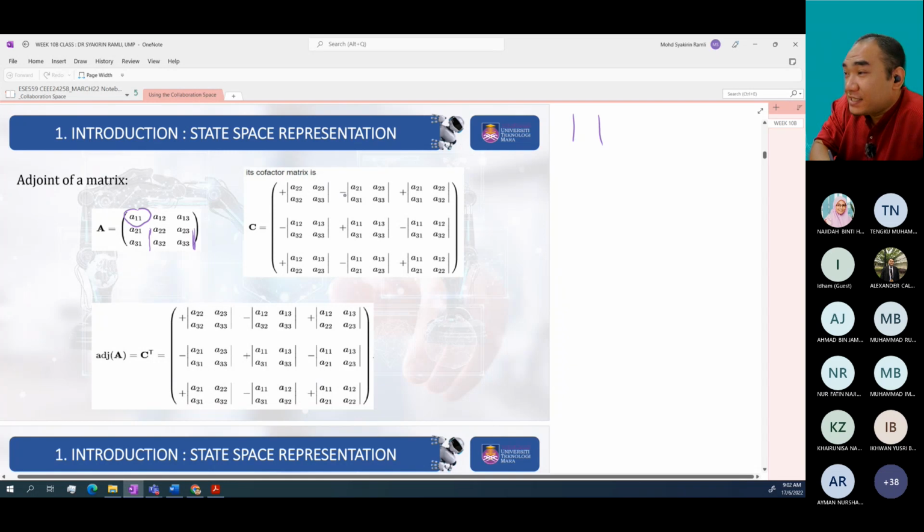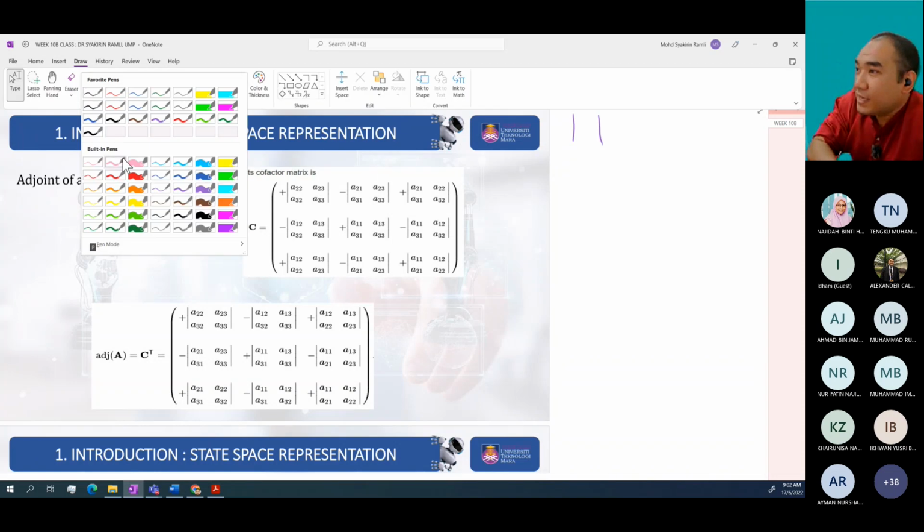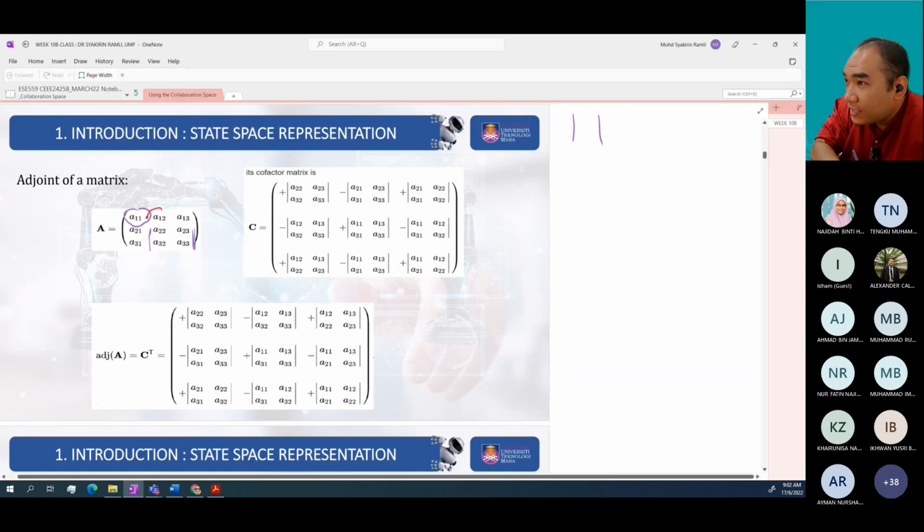Next, for this cell, kita boleh katakan kita tutup yang ini. Okay, you can see that we tutup yang ini. Dan kemudian you can see that we take the determinant of this. Tutup ini, tutup yang ini, dan yang ini kamu hide. Right.